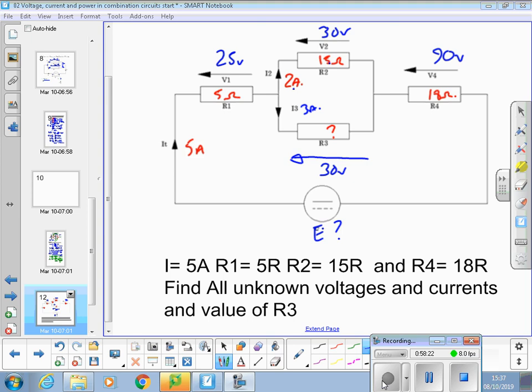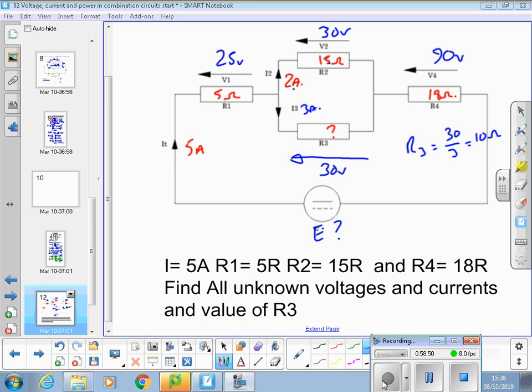So we can now use that 30 volts and this 3 amps to find out the value of the resistor R3. R3 is equal to 30 over 3, 10 ohms. Yeah. So it's a similar circuit, but you are given different information.